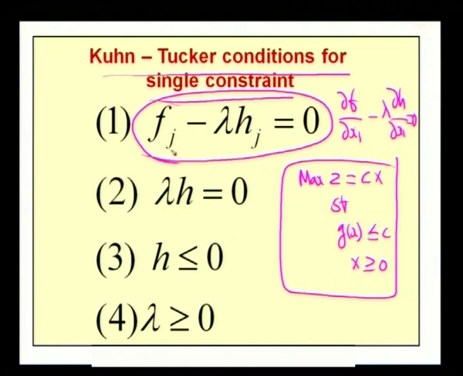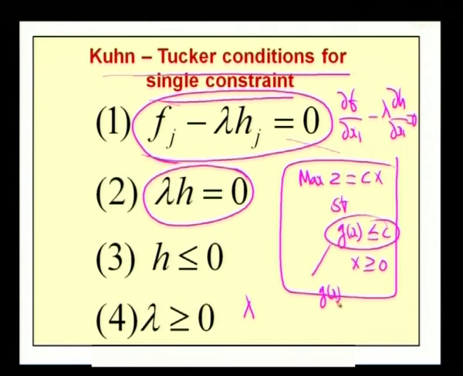Suppose the given NLPP involves 2 variables, then the corresponding condition is dou f by dou x2 minus lambda into dou h by dou x2 equal to 0. The second Kuhn-Tucker condition is lambda h equal to 0. Lambda is the Lagrangian multiplier, and h is nothing but g of x minus c.